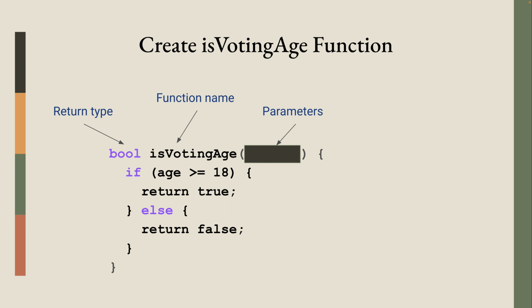So it's bool, and then what is the data type of our input parameter? Int? Yeah, in this case, we're asking the user for their age, so we'll do that as an int. So we accept the age from the user, we do some calculations, some if statement comparisons, and then we return back a bool. Any questions here?